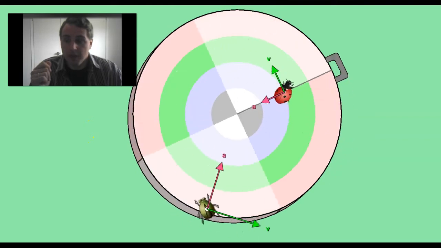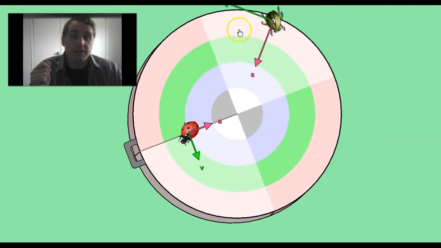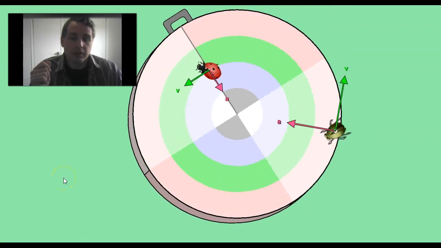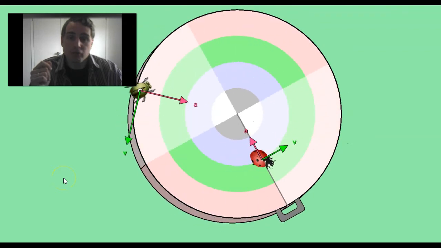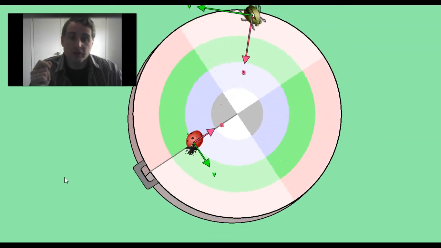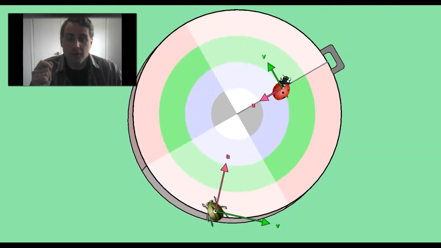By the way, you should also note that the radius is about double for the beetle as opposed to the ladybug, so you have about twice the tangential velocity and twice the centripetal acceleration. Okay? So hopefully that makes sense.